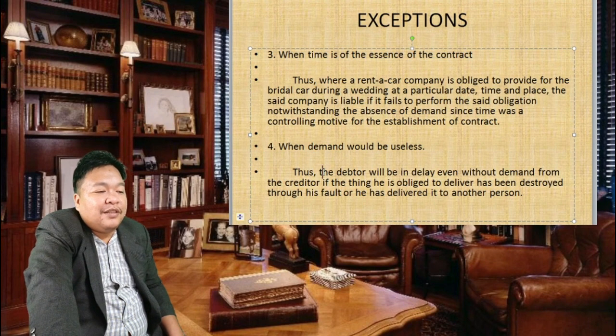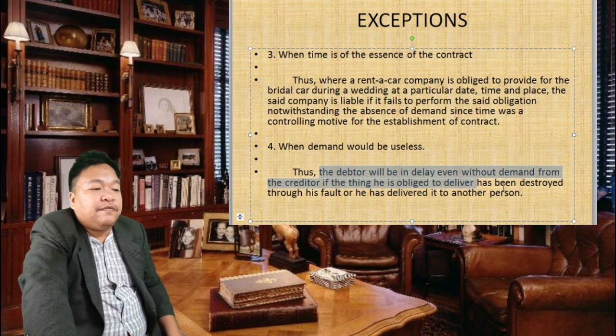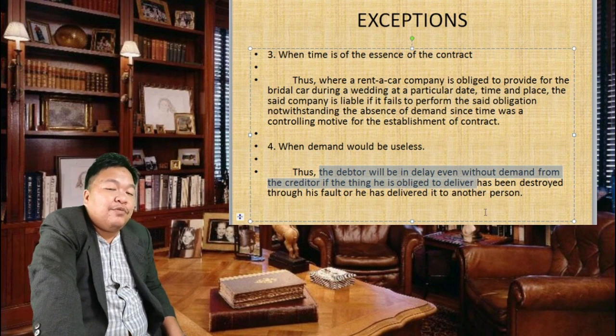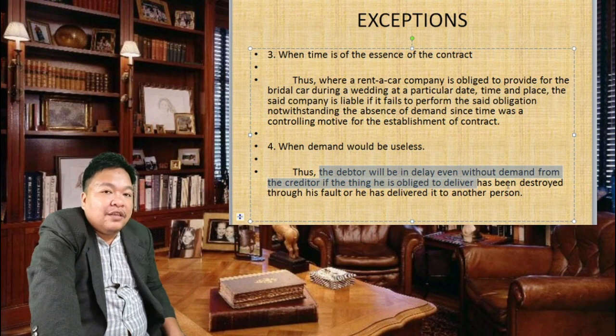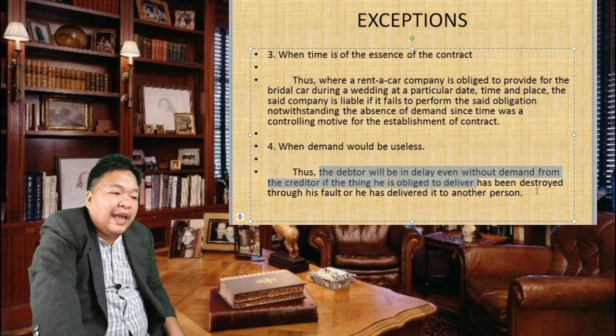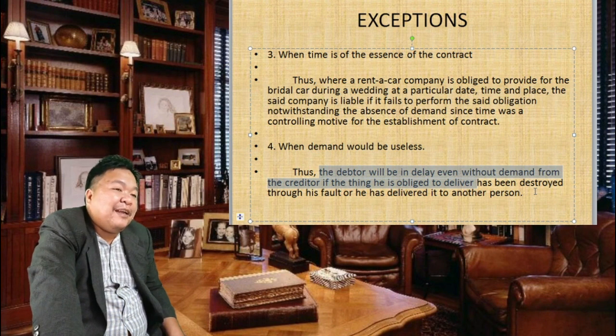So, example nito, the debtor will be delayed even without demand from the creditor if the thing he is obliged to deliver has been destroyed through his fault or has delivered it to another person. So, if the thing that you ought to deliver has been destroyed, hindi ka nakapag-comply, even if there is delay, hindi na kailangan na mag-demand pa yung creditor.